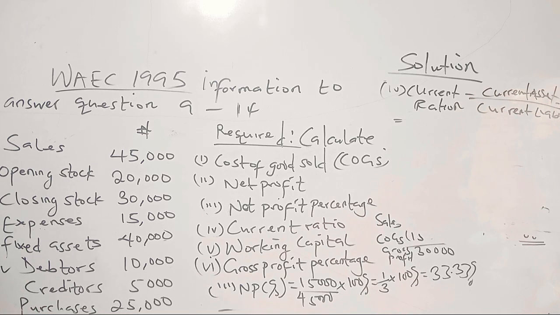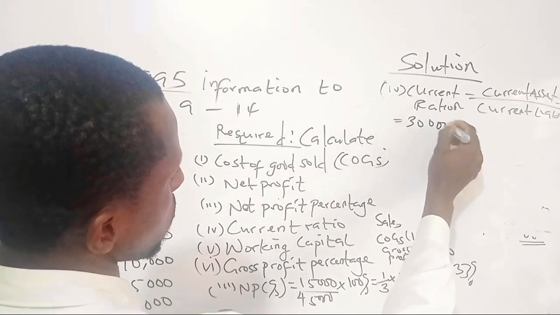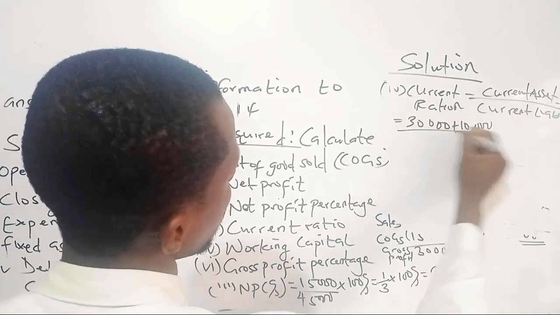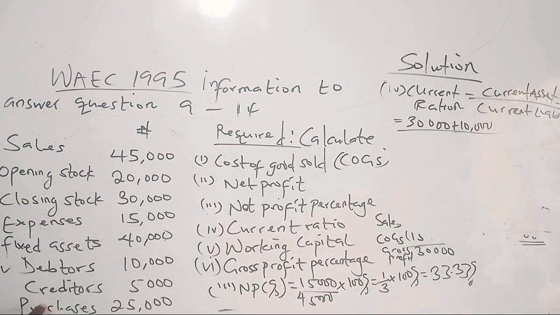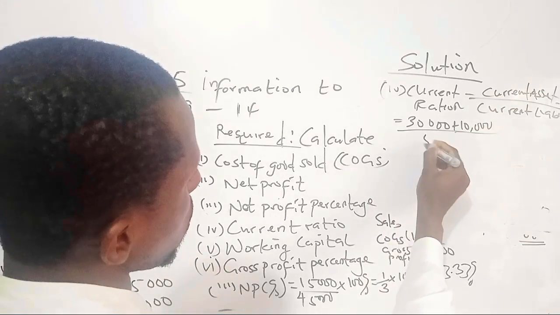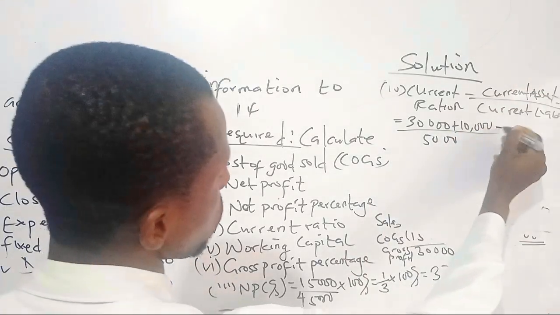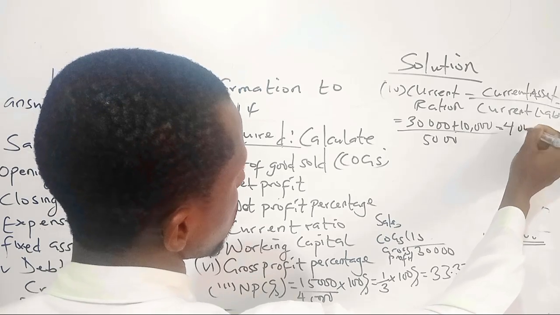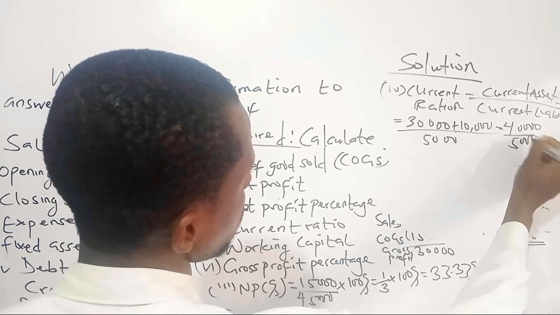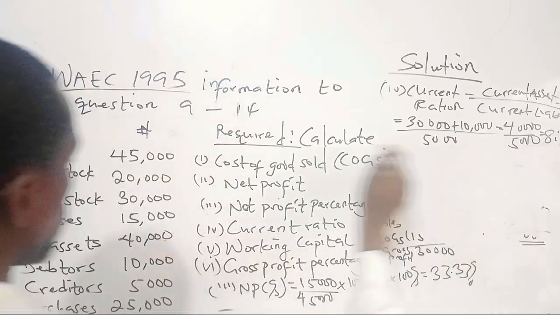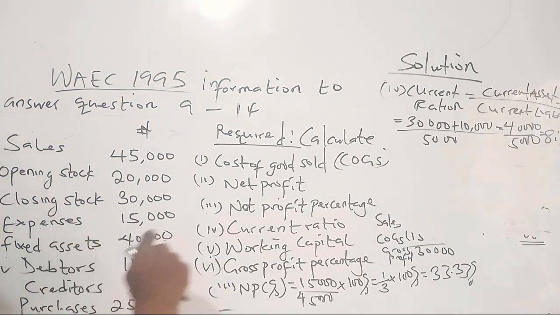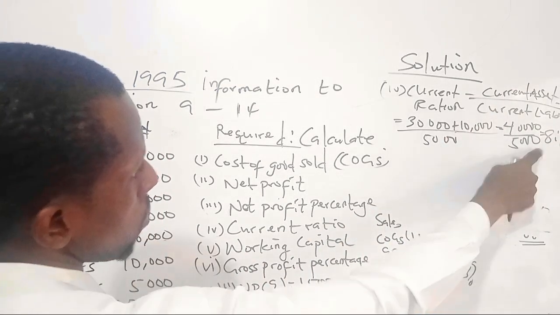Closing stock is 30,000 plus 10,000, divided by our current liabilities, which is only 5,000, the only item of current liability here. By the time we solve this, we have 40,000 divided by 5, which is 8. Let's say 8:1. This tells us the company has 8 times more current assets than current liabilities. That's what this current ratio implies.